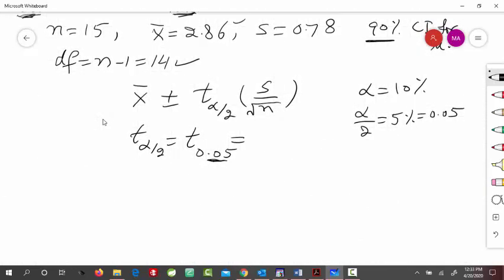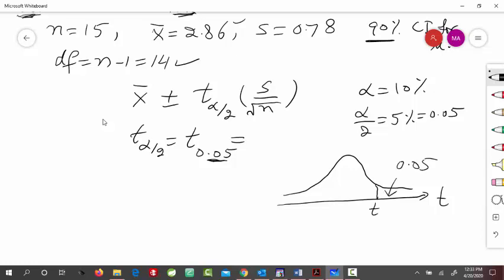For example, if you want to visualize it, this is the t distribution curve, and say this area here is 0.05, then this would be t.05.